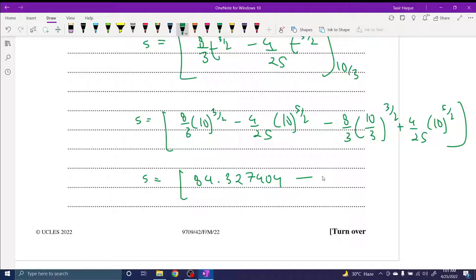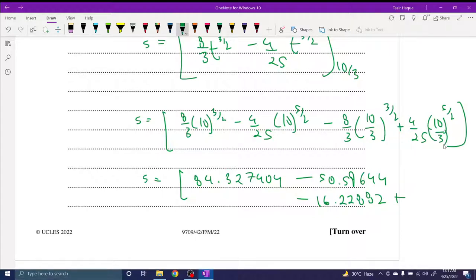84.327404 minus 10 to the power 5 by 2 into 4 by 25 minus 50.59644, right? Minus 10 by 3 to the power 3 by 2 into 8 by 3 minus 16.22882 plus, oh, I used 10 here, right? It should have been 10 by 3. That's why it wasn't matching.